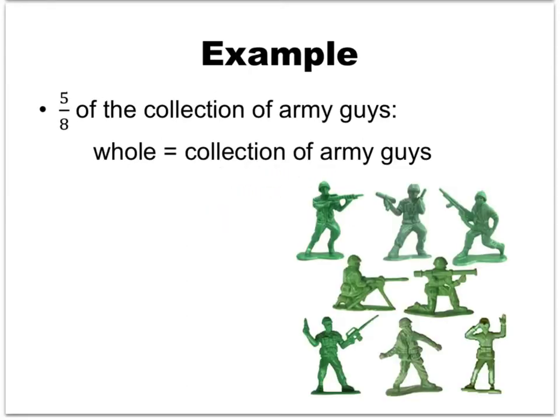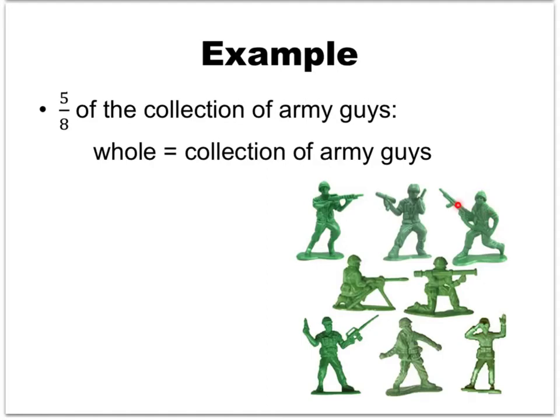Another example, let's take this statement, 5/8 of a collection of army guys. Here's a picture of some army guys, and in this statement the whole is this collection of army guys. The entire collection is our whole. So the whole can be one continuous object like a pizza or a cup of water.